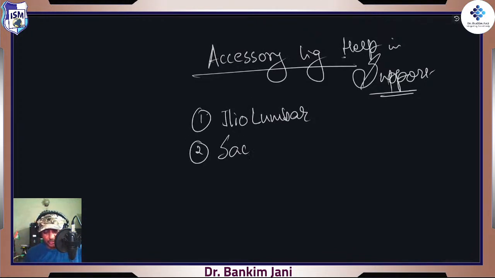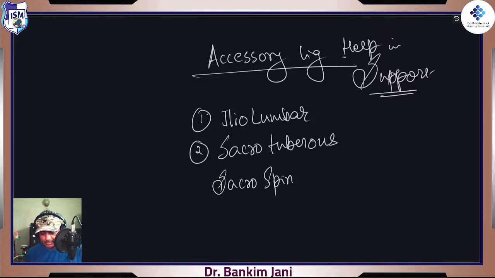Then sacrotuberous, right? Sacrospinous. Why are we calling them accessory? Because see, they are landing on a very small area, the ischial spine, right? Sacrotuberous, the ischial tuberosity, right? So they are landing over there.